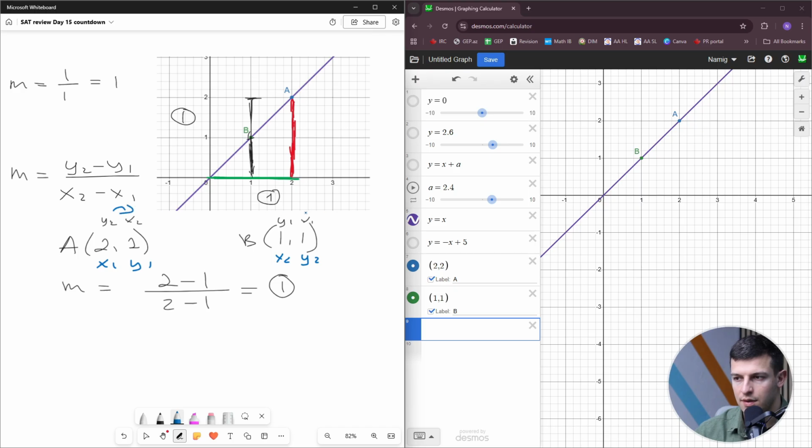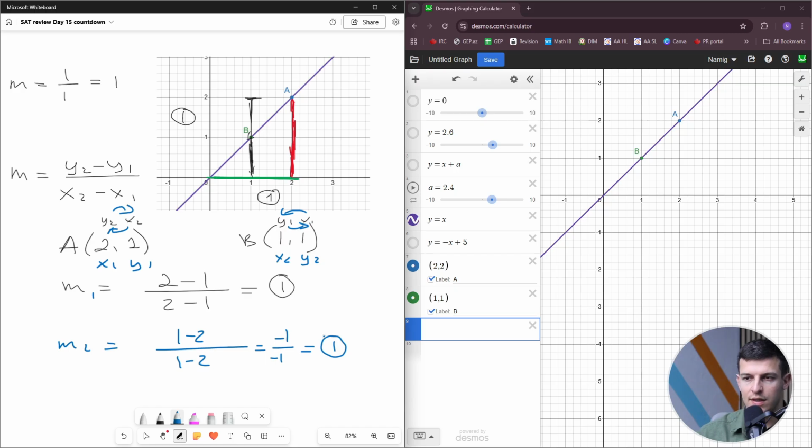I'll just put that here. You get the idea. Now let's call the first one m1. m2 is going to be, now I'm reversing it the other way around, so 1 minus 2 over 1 minus 2. So I'm left with negative 1 over negative 1, which is, again, 1.